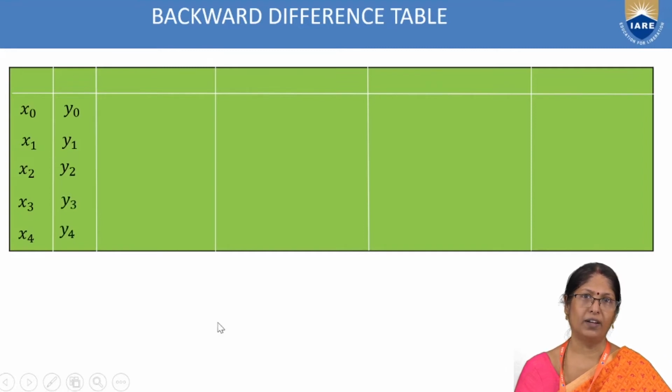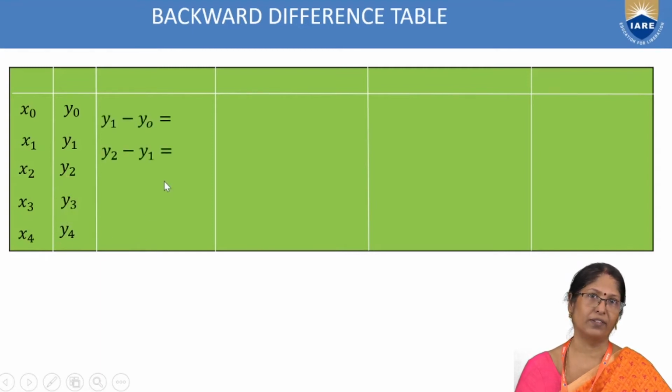That is, at the point x0, the value of y is y0. Next, at the point x1, the value of y is y1. Next, at the point x2, the value of y is y2. At x3, it is y3. At x4, it is y4.